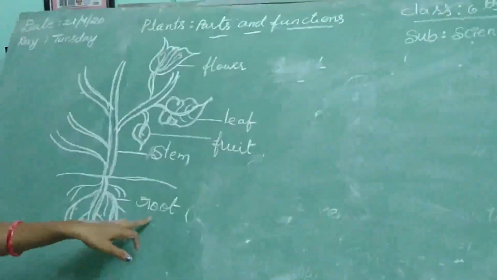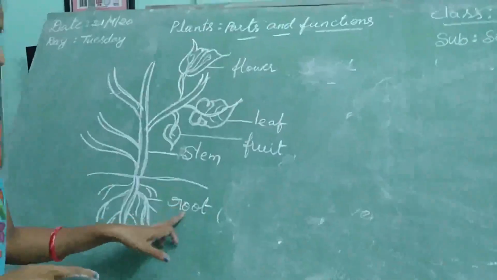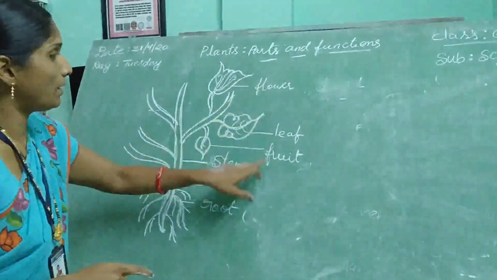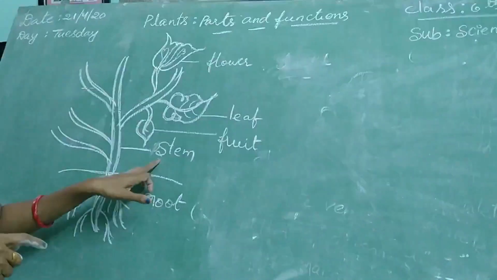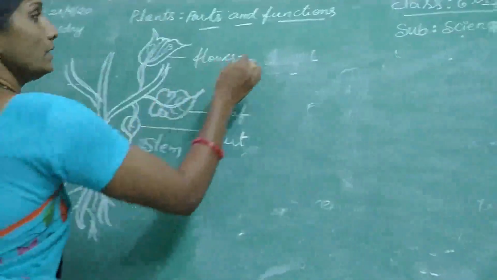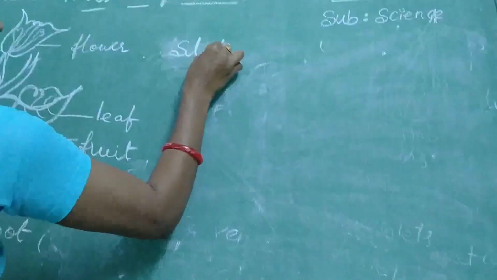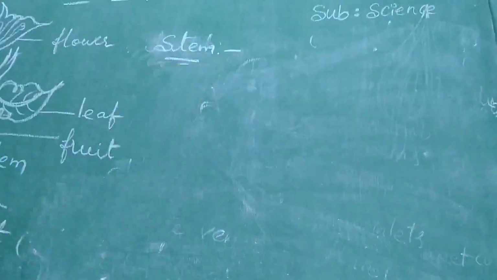Right. The first important part, the root, is complete, and the second important part, the leaf, is complete. Now the third important part is the stem.